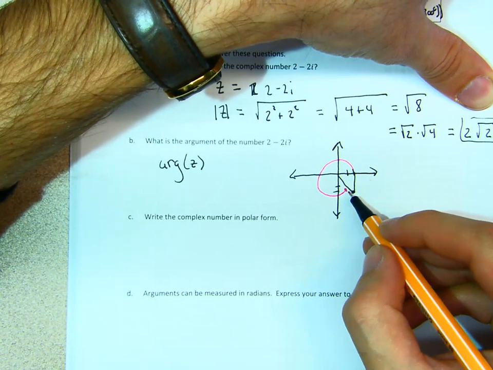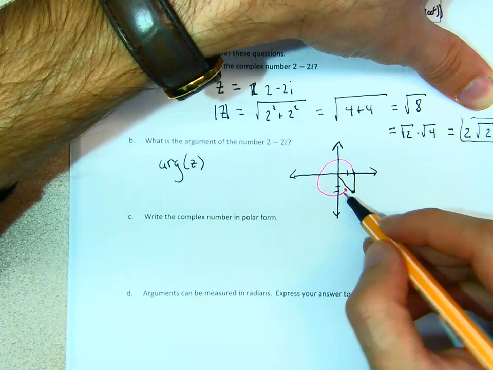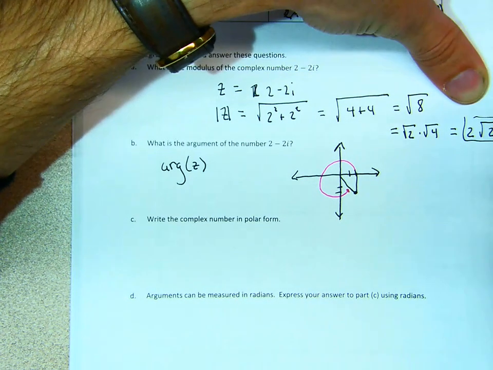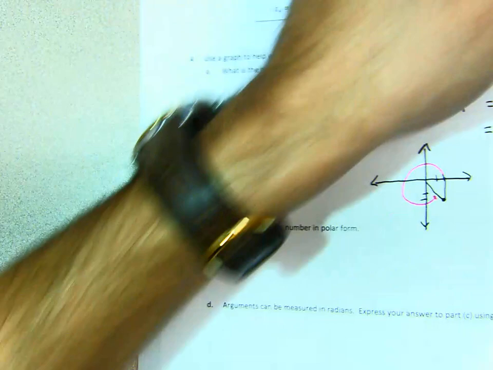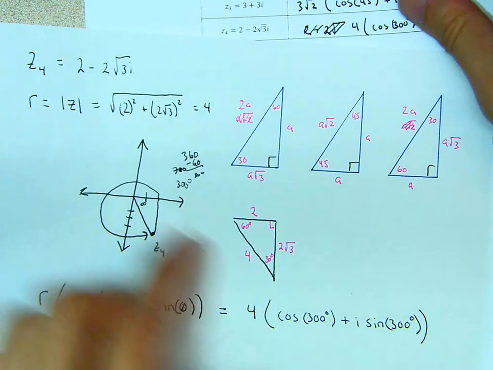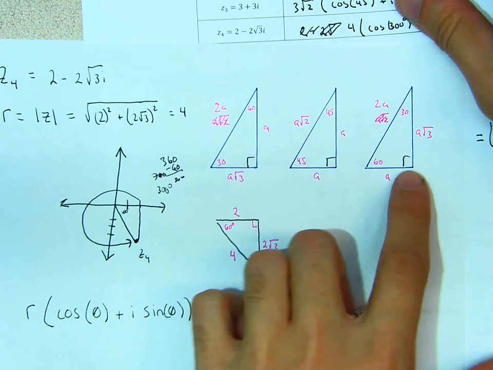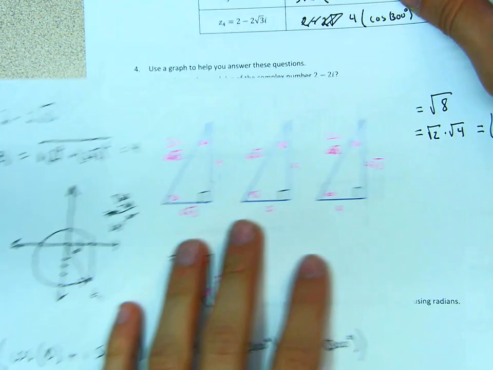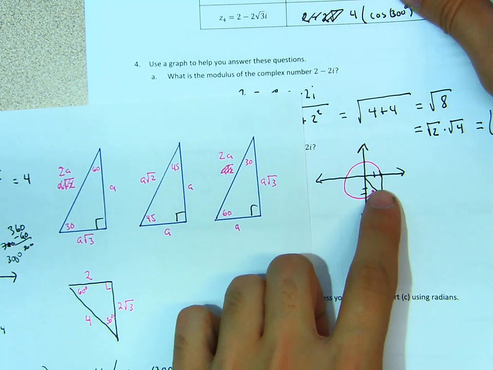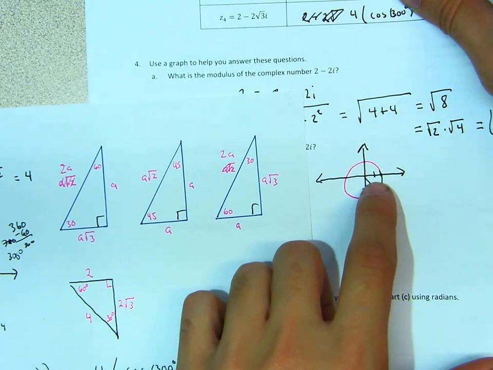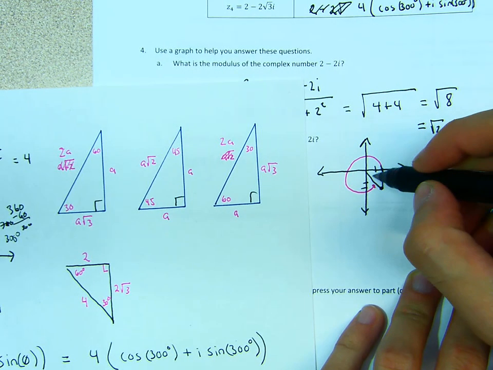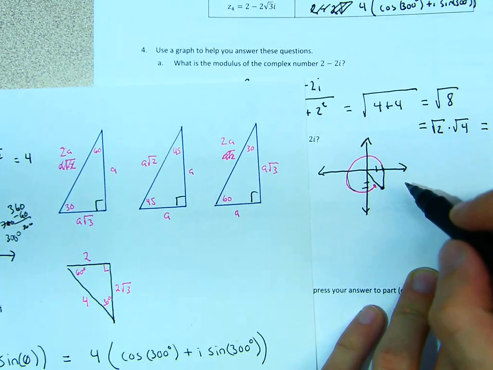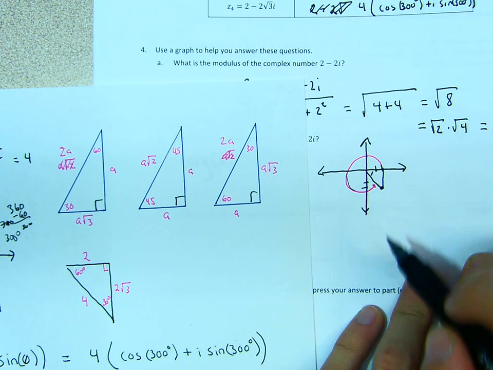And it's asking you how much rotation was made when you talk about the argument. So the way you need to figure this out is we need to use these triangles that we have. These are like the new triangles we looked at. So you have to see which triangle is made here and subtract it from 360, or try and find how much rotation is here. So finding this angle here is very important.